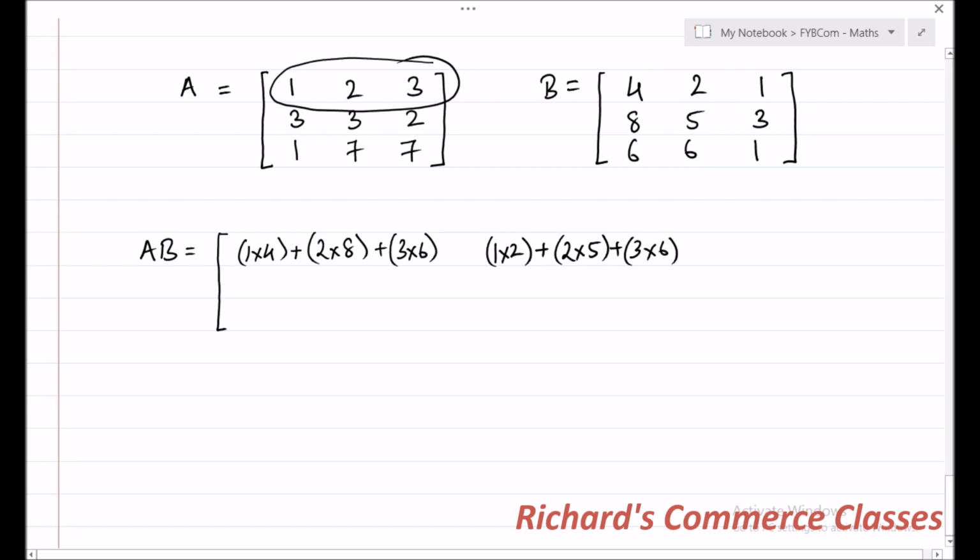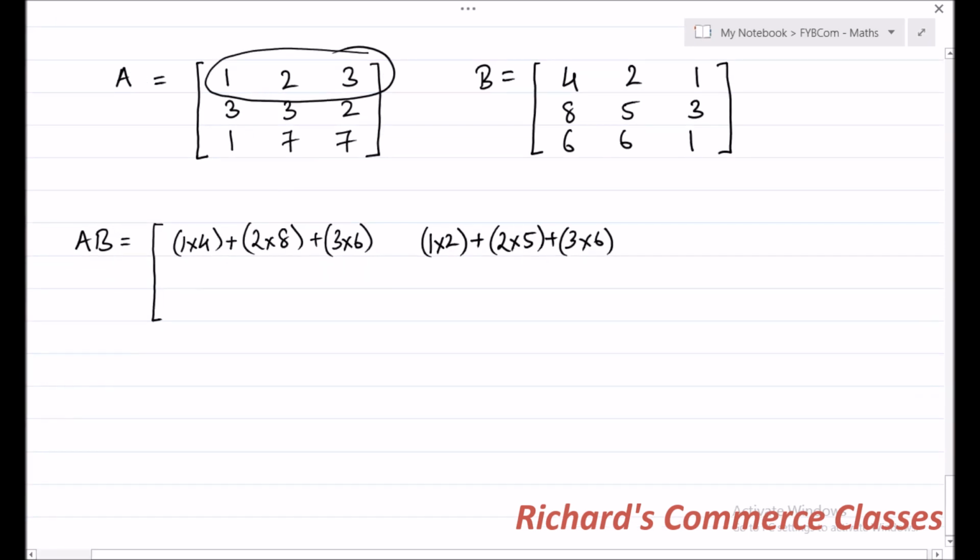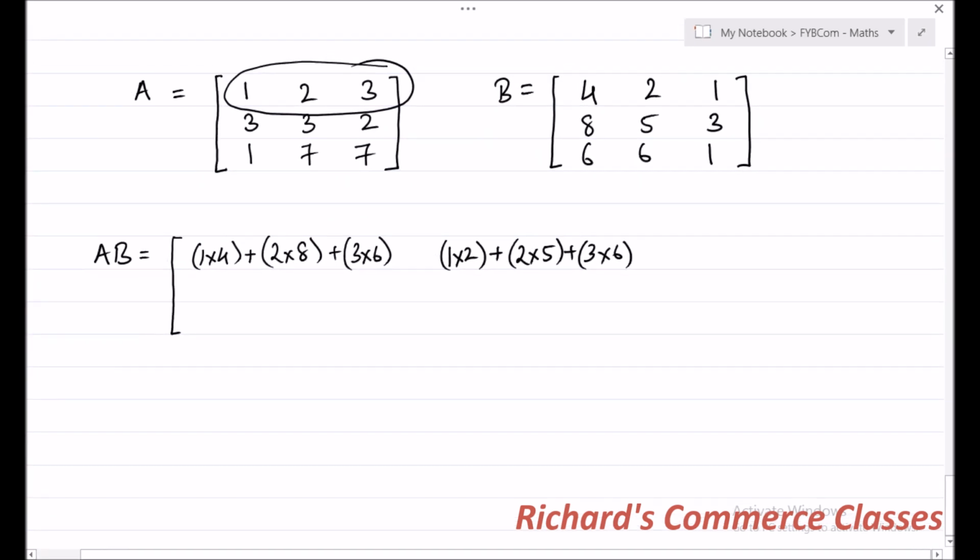You see, the first row of A is being kept constant and only the columns of B are changing. So right now we have finished 2 columns of B. Let's move on to the last third column of B and see what happens.